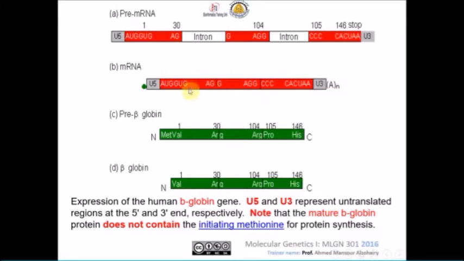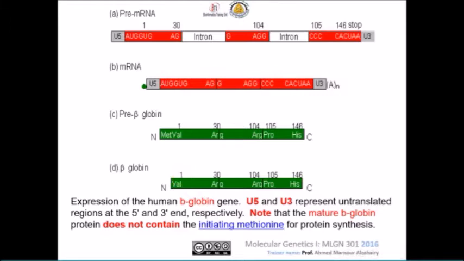Of course, in this case, we have this beta-globin gene. We have also the cap here. In this pre-beta-globin, the methionine will be removed, and only the valine will exist. This is the mature beta-globin, which doesn't have methionine but only has valine at the initiation of the protein.